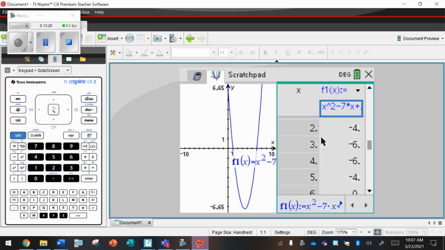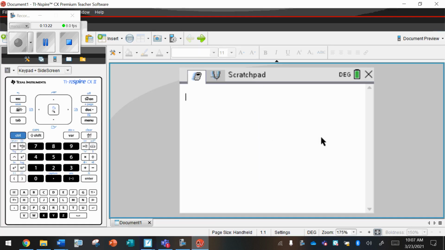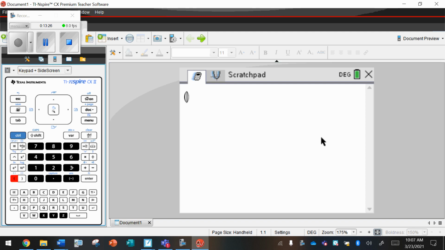So now I'm going to go over to my calculator, go over to the generic calculator screen, and I'm going to type in 3.5 squared minus 7 times 3.5. I use parentheses instead of the times sign, but it works fine either way. And then plus 6, and then I hit enter.